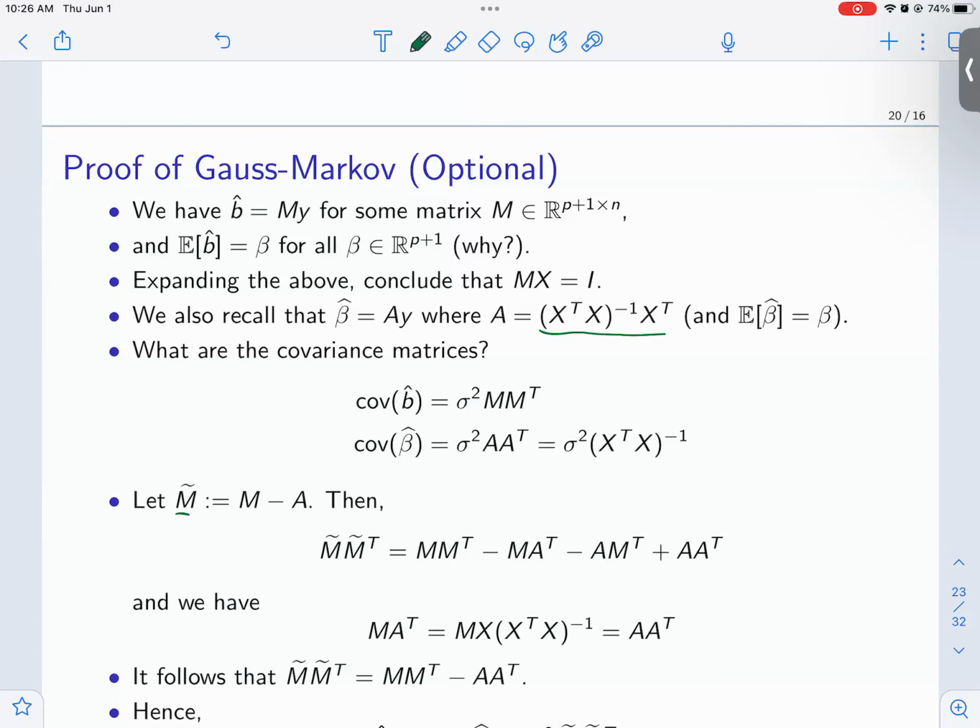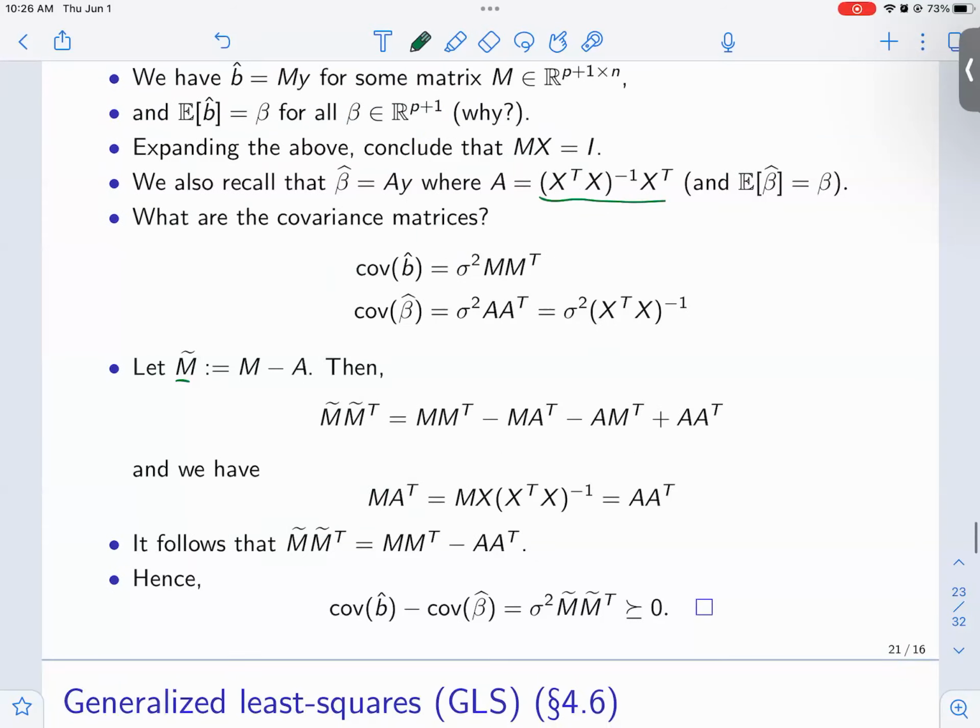You plug back in, you get that this quantity is just M M transpose minus A A transpose. So sigma squared A A transpose is the covariance of beta hat. Because this is positive semi-definite, any matrix that can be written as some matrix times that matrix transpose is positive semi-definite, this has to be positive semi-definite.